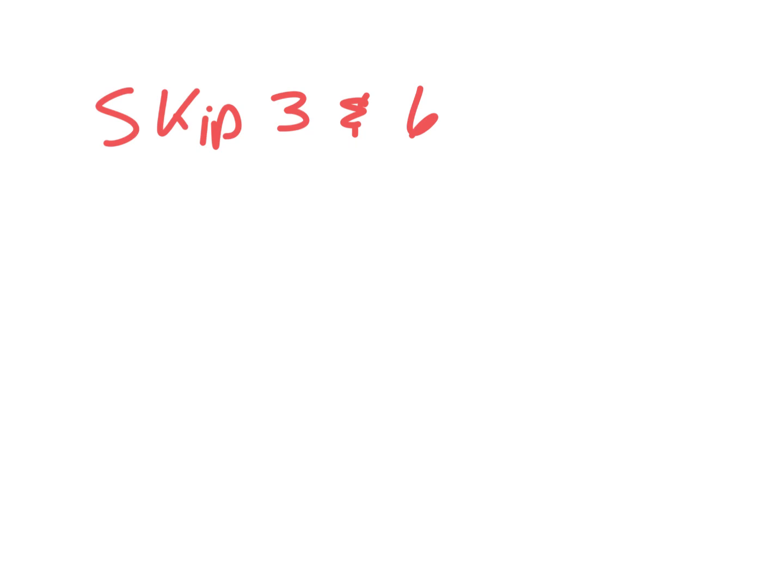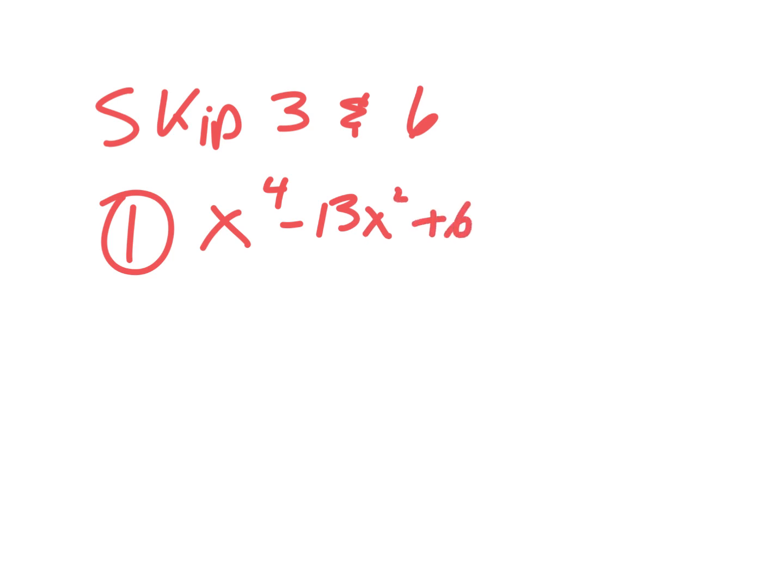Now, let's do number 1 together. Keenan, can you tell me how to start the factoring when it has an x to the 4th in it? Well, let's have 2 sets of parentheses. X squared and x squared? Yes, x squared and x squared. Next, you always look at the signs.